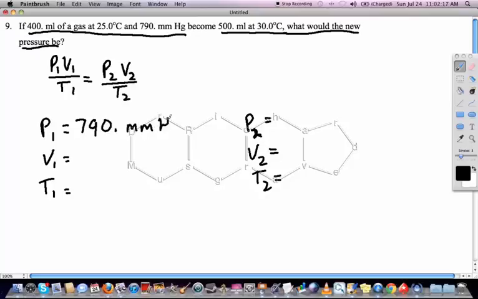So again, knowing your units for pressure and volume is going to be important here. If you know that millimeters of mercury is a pressure measurement and milliliters is a volume, it makes it easy to pick out what's going to be P1 and what's going to be V1, for example.